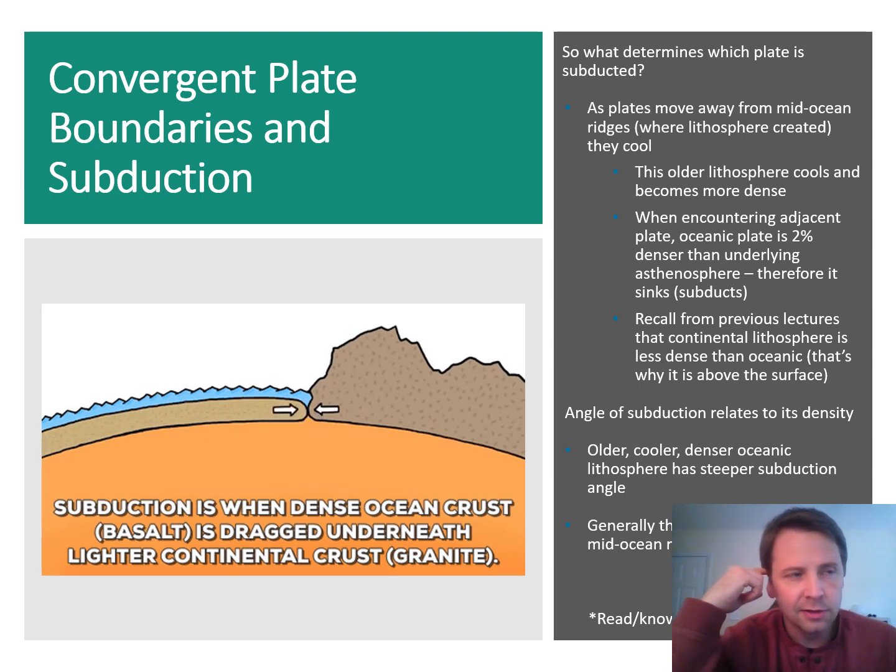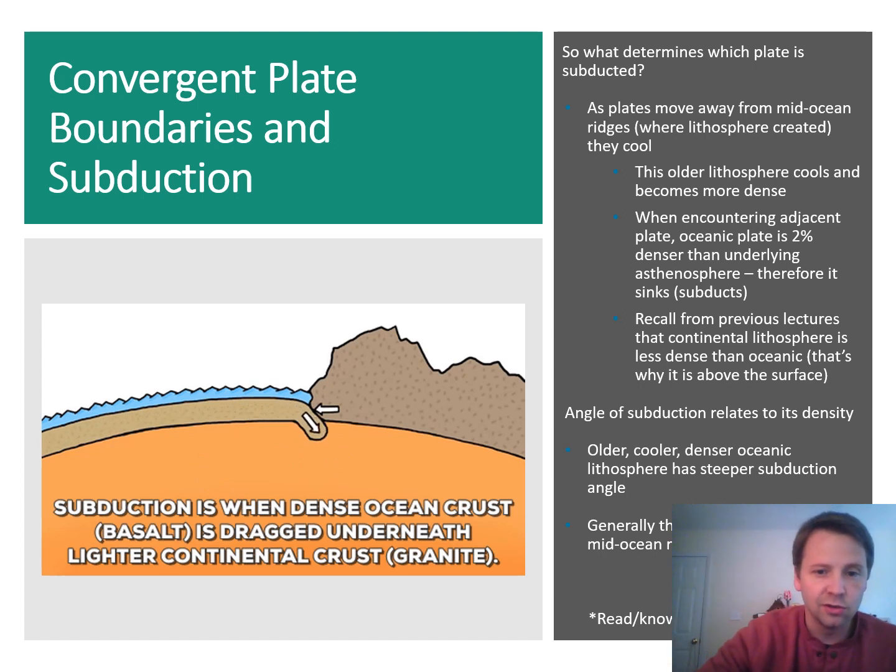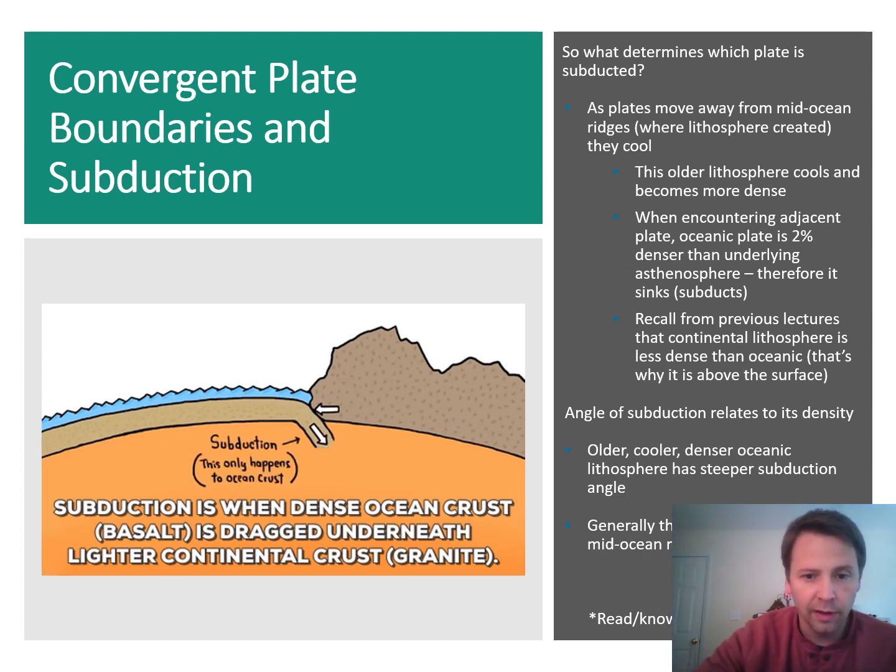Whereas on the eastern side of the Pacific, you have much younger lithospheric plates, and so their descent underneath the other plate is at a much more gradual angle. This is generally just a function of distance. If we think of the ocean spreading in the Pacific, the mid-oceanic ridge is much further away from the western portion of the Pacific than it is from the eastern portion.